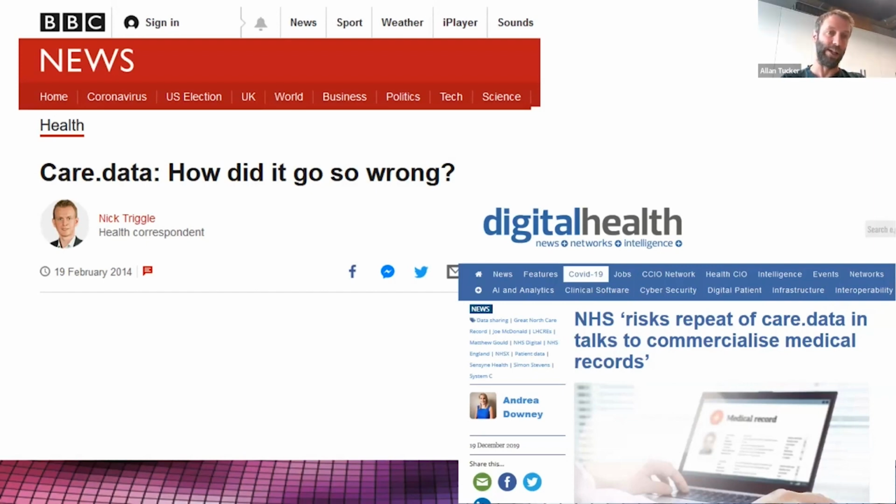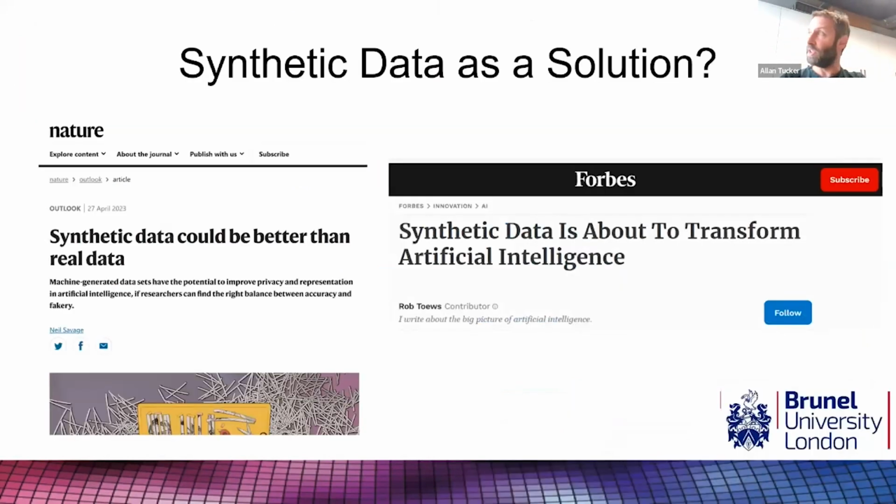Medical record data, and I think it was literally a week before this was going to go live, it hit the headlines for all the wrong reasons and then stalled. So it was clear that there's a lot of political reasons and essentially privacy concerns with releasing real healthcare data, and so that was seen as the primary driver for the project.